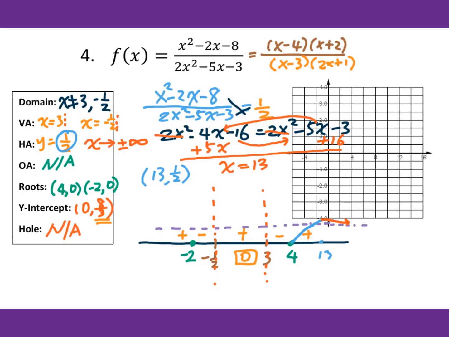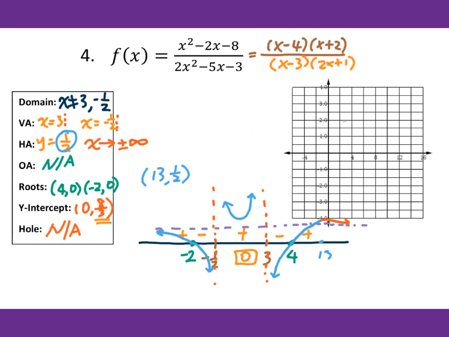Between 3 and 4 is negative, that's why it goes down like this. Between negative 1/2 and 3 is positive, so we graph like this. Then between negative 2 and negative 1/2, that's negative, so go down like this. Then it's positive, very, very close to this horizontal asymptote line, but doesn't cross.